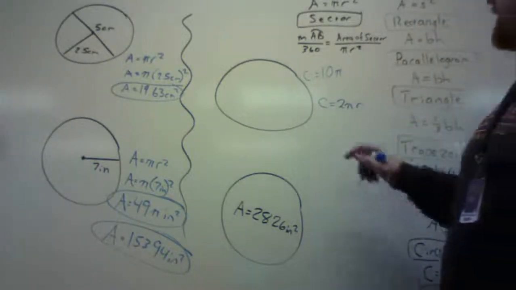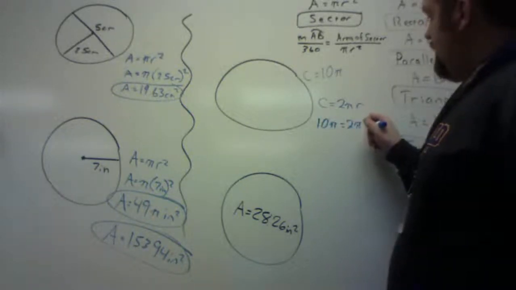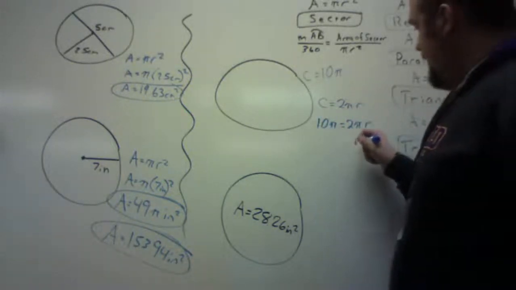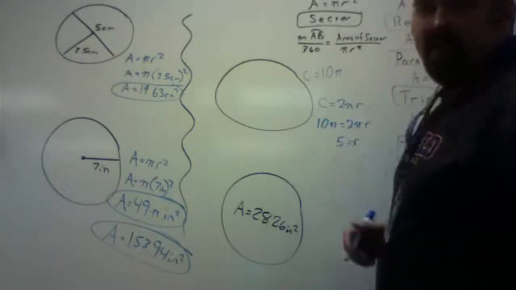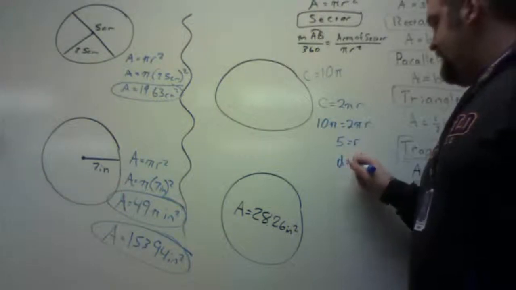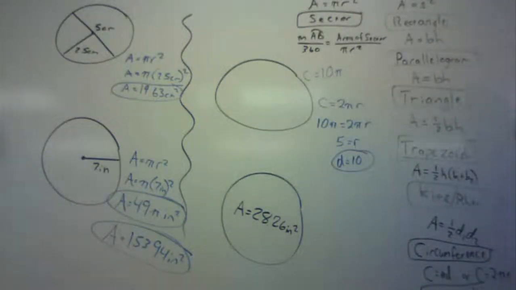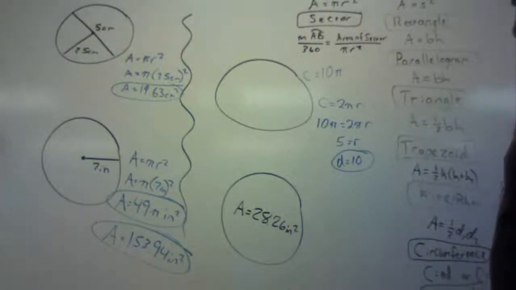I know the circumference is 10 pi equals 2 pi r. Divide both sides by 2 pi, r equals 5, and there was no length, so 5. So the diameter is 10. This was a little bit of a review. I was just trying to see if you were paying attention and making sure that you were using the right equation.